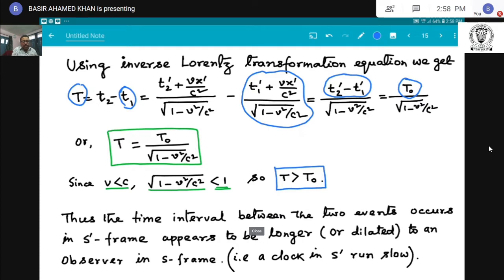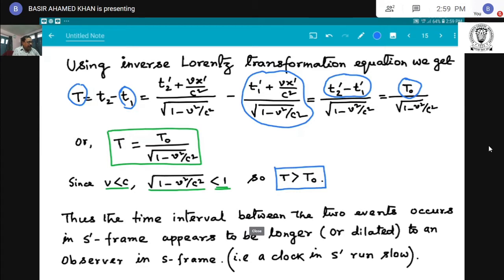Thus the time interval between the two events occurring in S dash frame appears to be longer, or dilated, to an observer in S frame, because t is greater than t0.